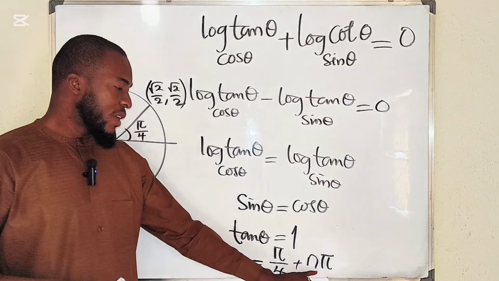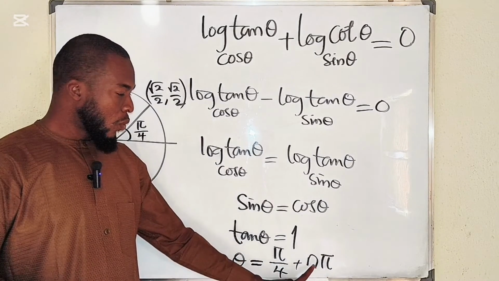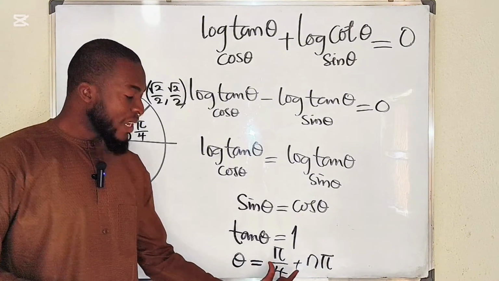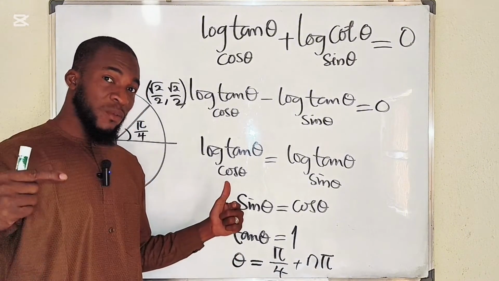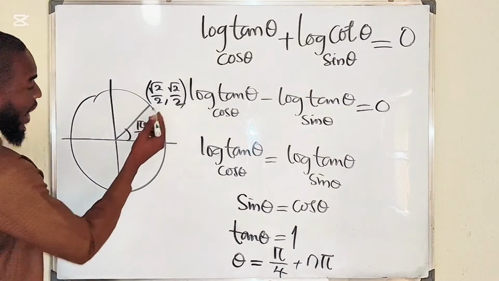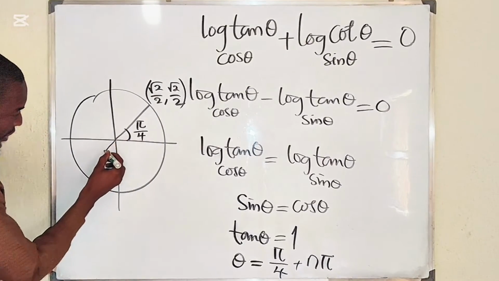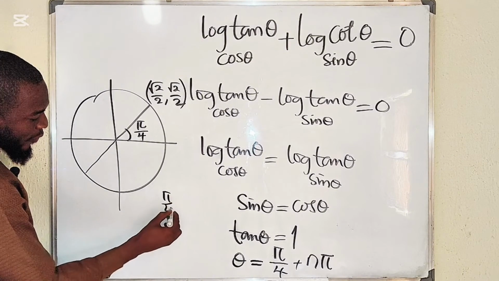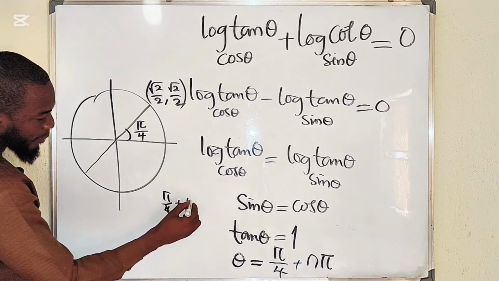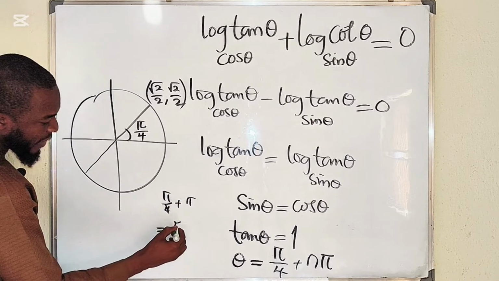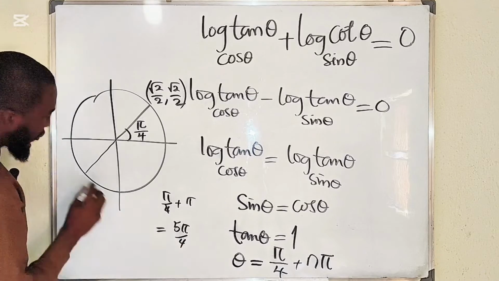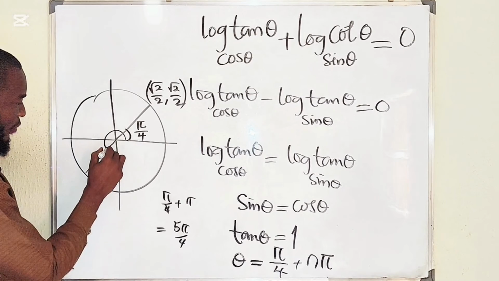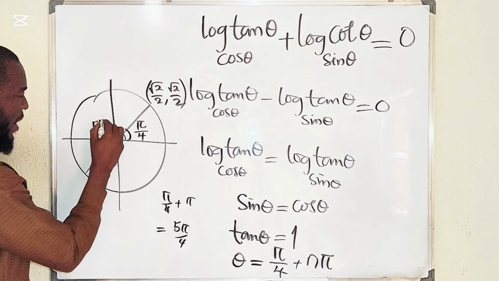So if you consider this n pi, when n is equal to 1, we are adding pi, which is a complete 180 degrees. If you add a pi here, it will take you down here. What will it be? Pi over 4 plus pi. This will be 5 pi over 4. So this angle from here down here would be 5 pi over 4.